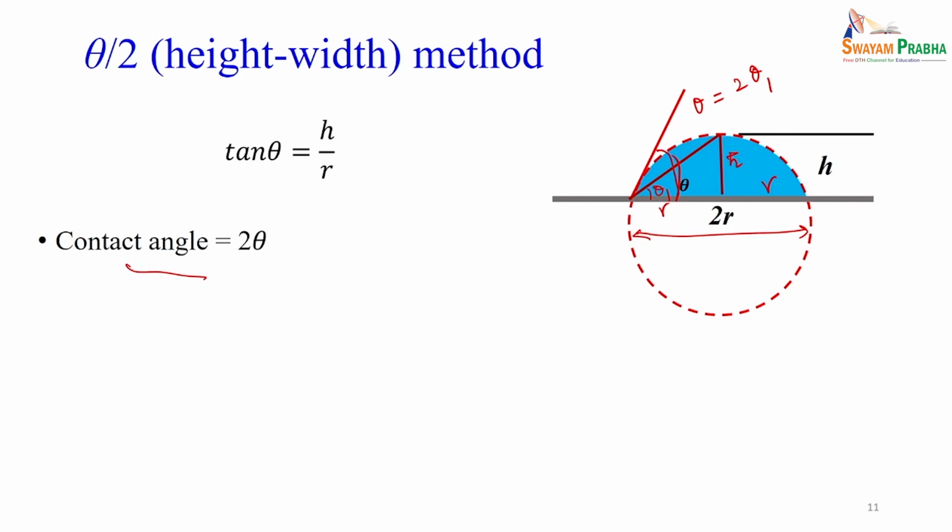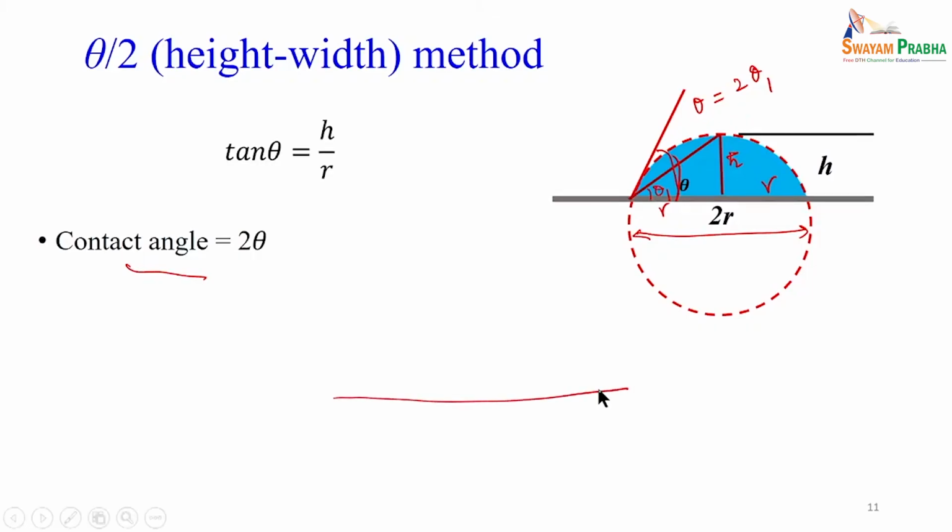but we should be careful when we are recording the image or the shape. It should be recorded at equilibrium if you want to measure the static contact angle, otherwise it varies like this with time, like this, and then it reaches equilibrium.